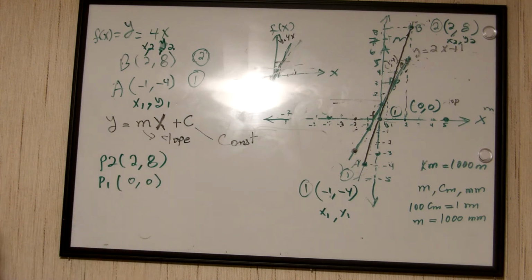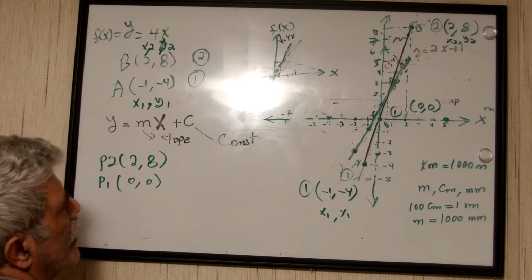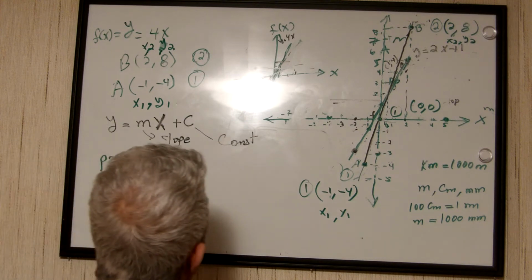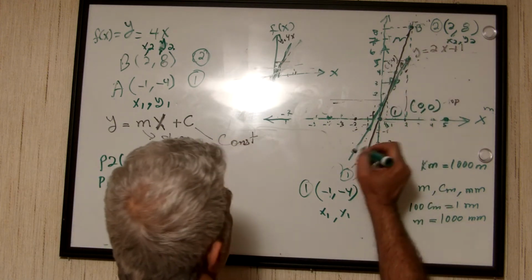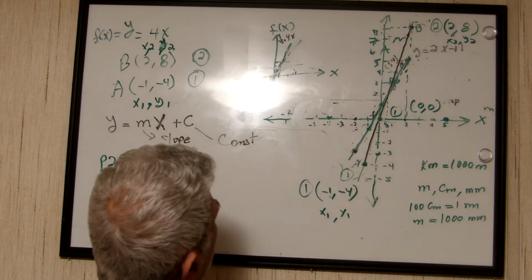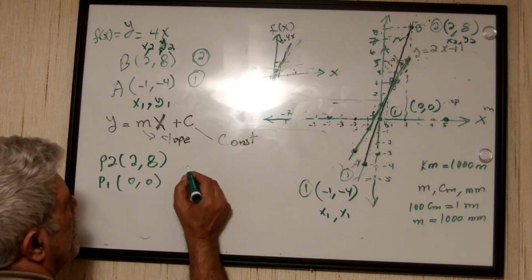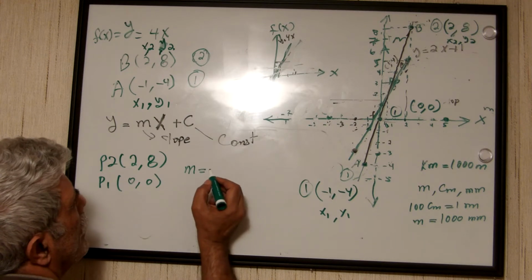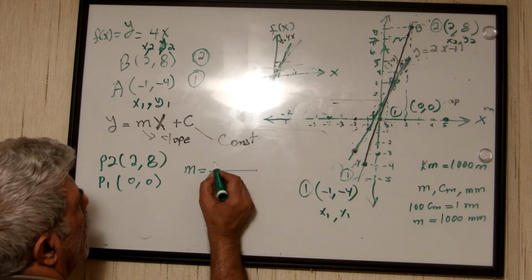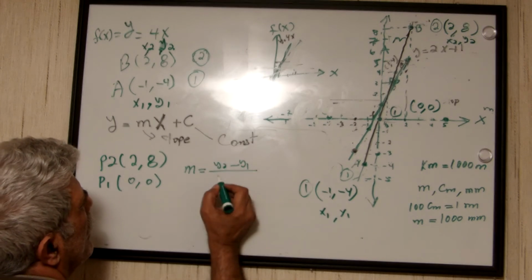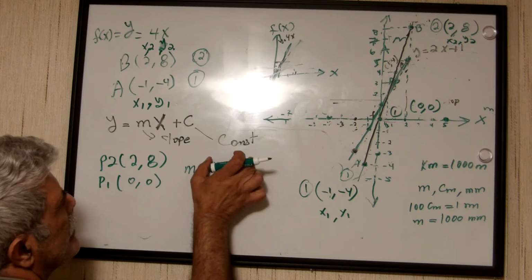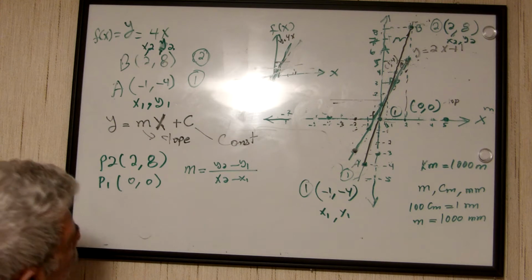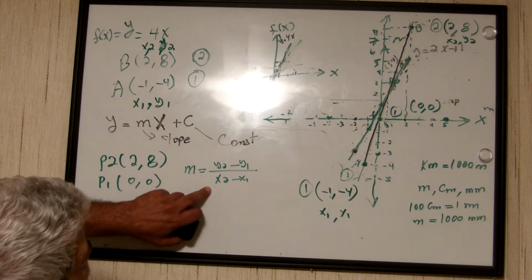Now we want to find the slope of that. What is the slope? It is actually y over x. So m is equal to y2 minus y1 over x2 minus x1. It actually gives you the length of y.